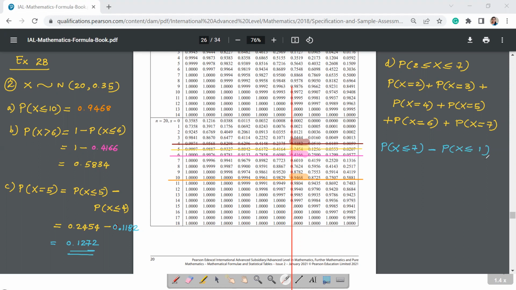Guys, can you see? If you want the probabilities between 2 to 7, you take the probability x less than or equal to 7, which includes everything until 7, and you subtract x is less than or equal to 1, which removes 0 and 1, because I want the things from 2 onwards. Is this clear? All right, so let's get it.